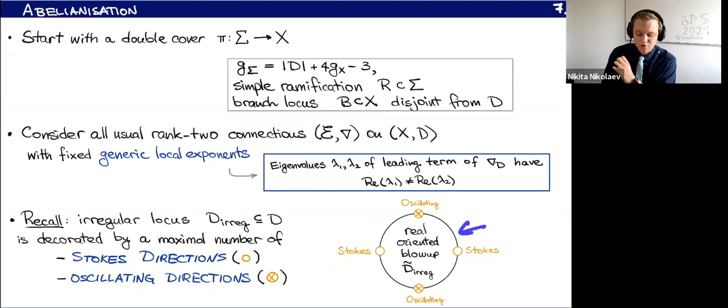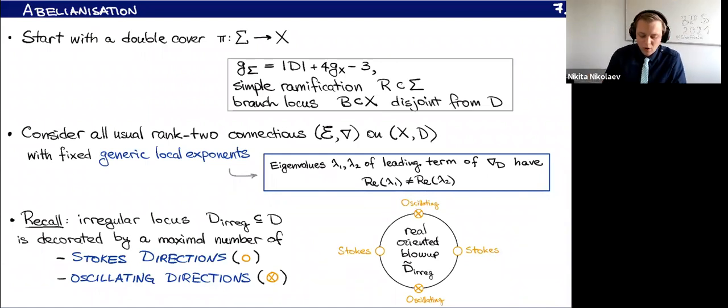And as I change the direction of approach, this discrepancy becomes smaller and smaller, and then you encounter what I call oscillating directions, where you really can't distinguish the two sections simply based on how fast they grow or decay as I go into the pole.